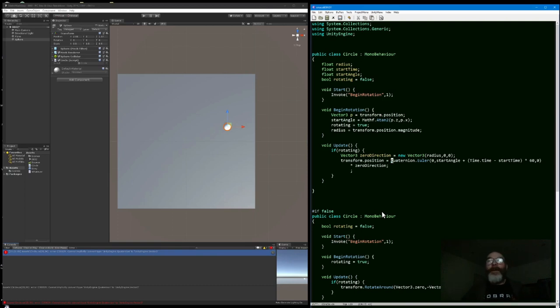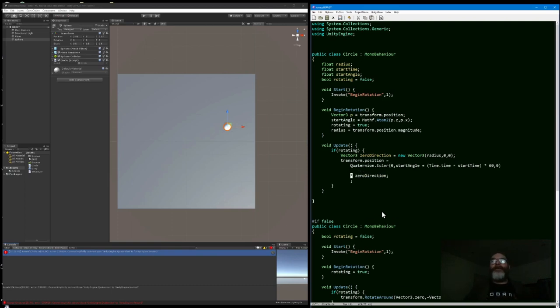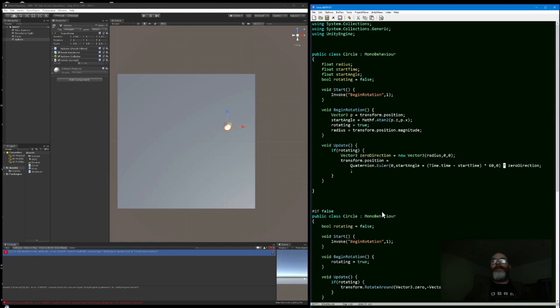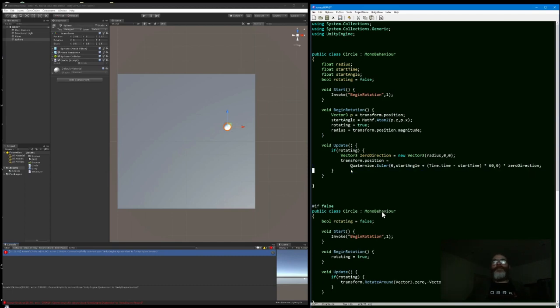I do that by multiplying, let's see it better like this. You take the rotation and multiply the vector. It's kind of a bit in reverse from what you think. You apply the rotation to a vector by specifying the rotation first and then multiplying the vector.